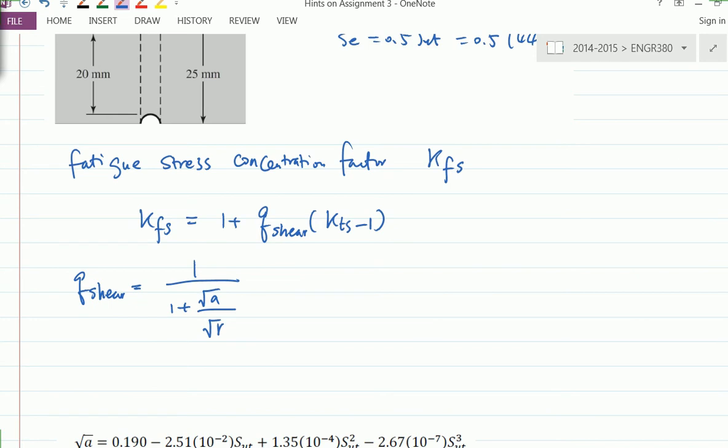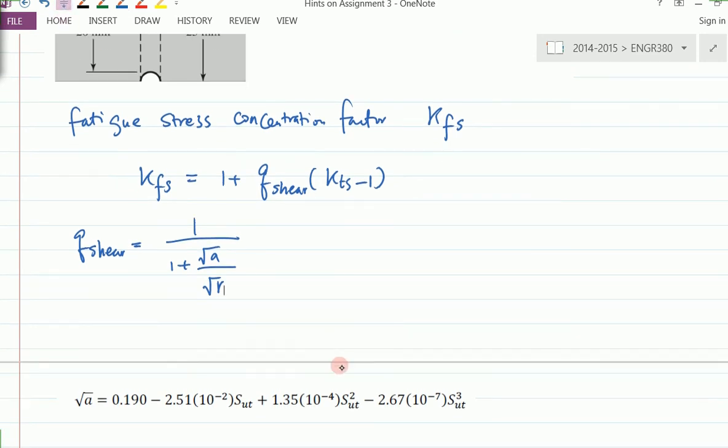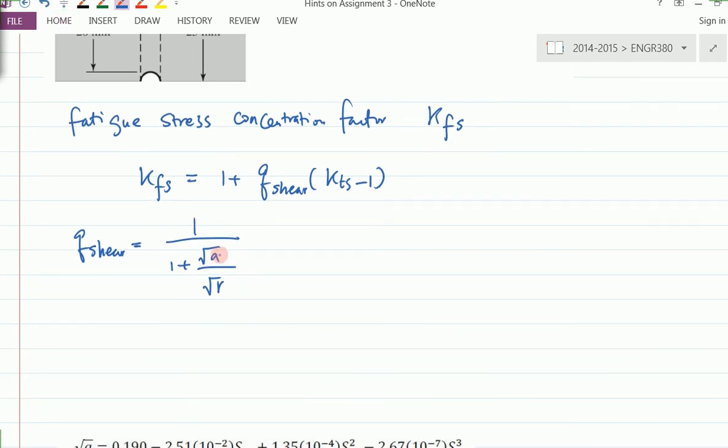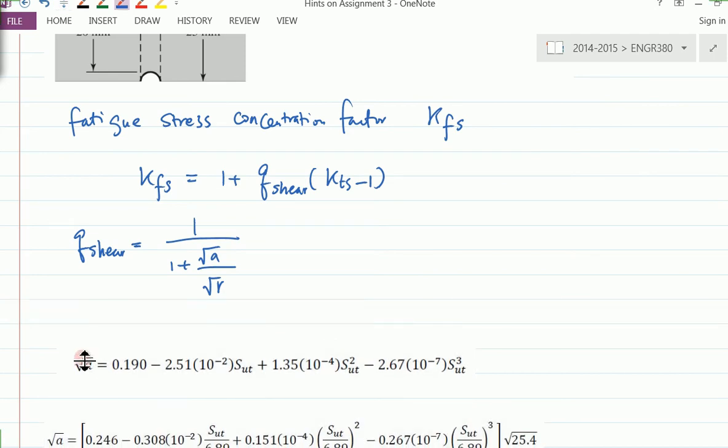First of all, do you know what each of these is? The square root of a, we call that the Neuber constant.